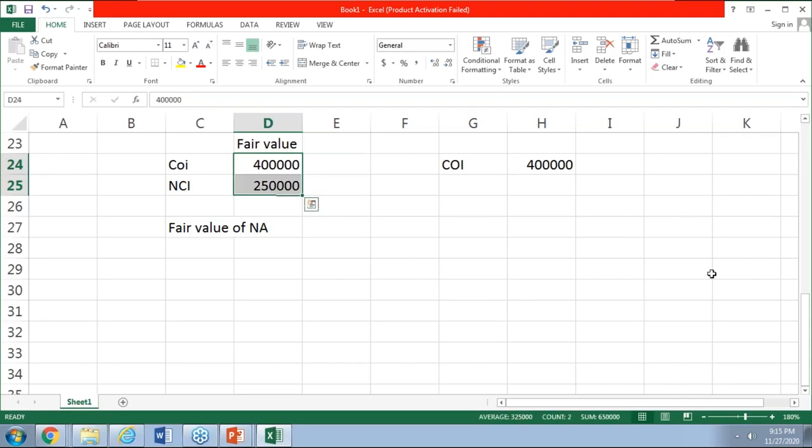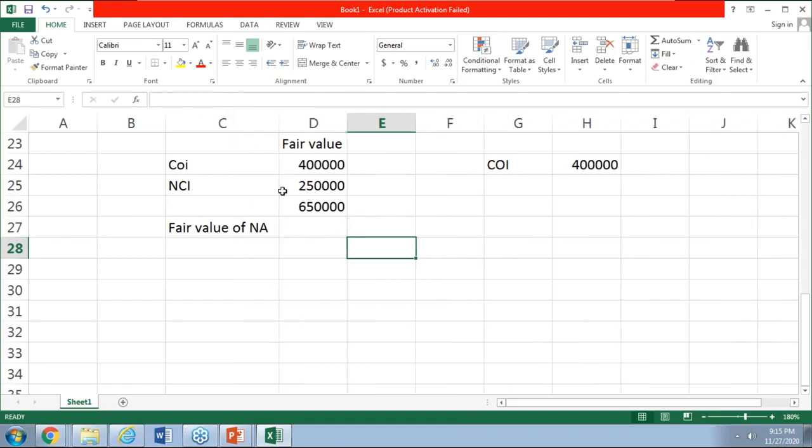So the total amount will be 6,50,000. Do remember this, that we are doing the fair value approach for the NCI. Assuming the fair value of net assets having a total value of 3 lakh.